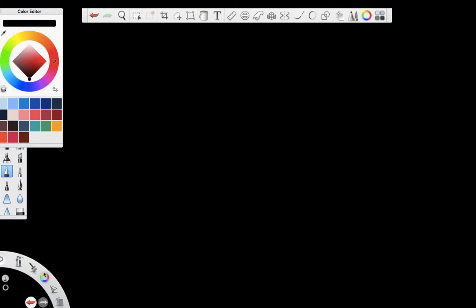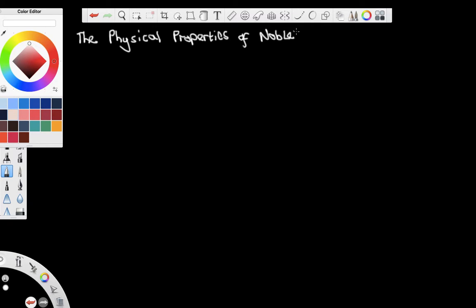So, as we've done for all the other elements, we need to now think of the physical properties of group 0. So we can put the physical properties of noble gases.